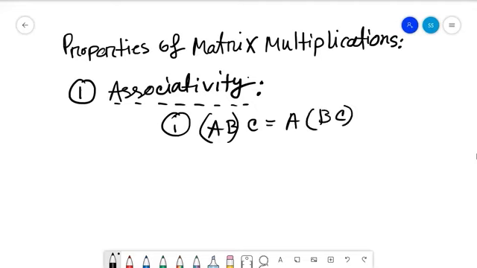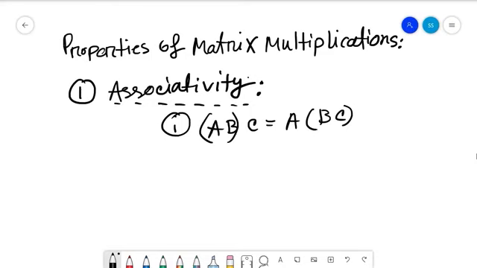That is, if you take B and C first and you multiply them and then you multiply A from the left hand side. The reason I'm stating left hand side is because in a few seconds we'll talk about non-commutativity of matrix multiplication, where their order will matter. So that's why I'm saying that you are multiplying from the left hand side.